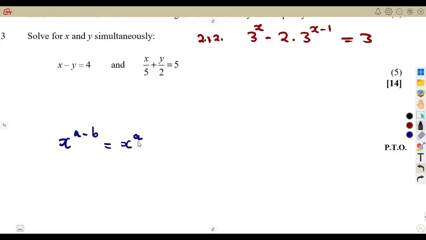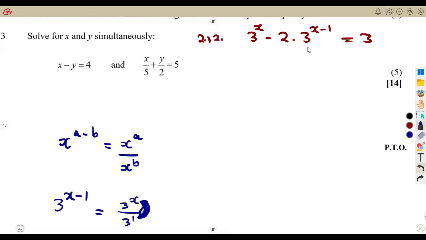X to the exponent of a was divided by x to the exponent of b. So if I have 3 to the exponent of x minus 1, I can do the same thing to say this is same as 3 to the exponent of x over 3 to the exponent of 1. That's how we ended up subtracting x minus 1, because we're dividing the same bases.